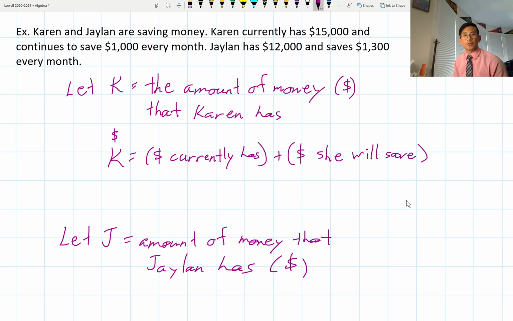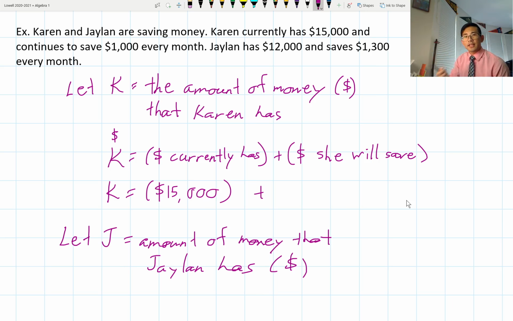And by the way, this is going to be the same, or very similar, for Jalen as well. Well, we know that Karen currently has $15,000, and we don't need the parentheses here, but I'm just going to leave them there so it's very clear where it's coming from. $15,000. And the money she will save. So we know she saves $1,000 every month. How much money will she save then?